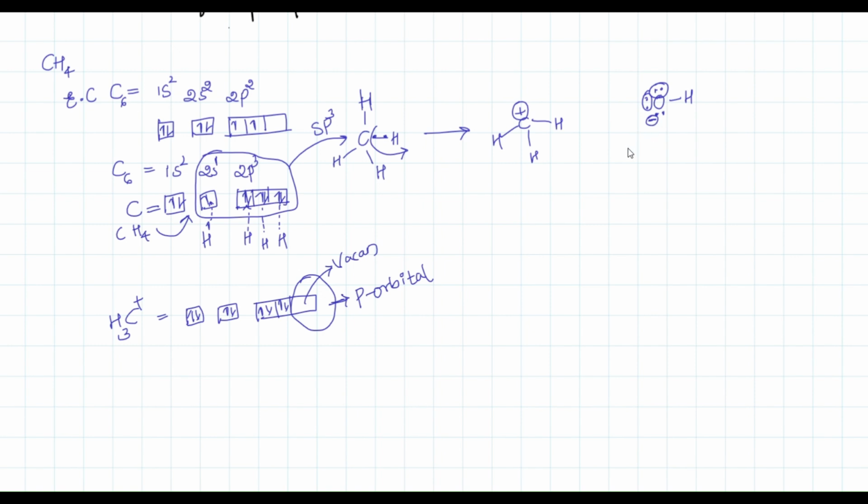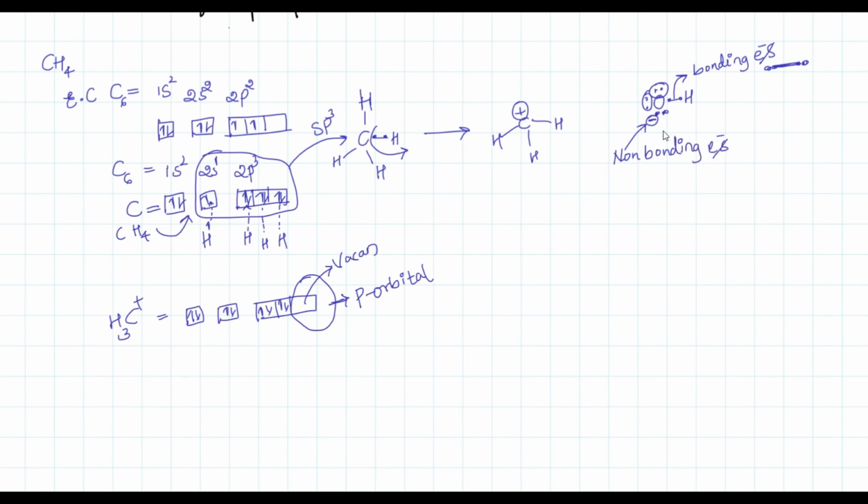These are non-bonding electrons. Bonding electrons are the electrons involved in the formation of a bond. This is a sigma bond, and these electrons are called bonding electrons, and these are called non-bonding electrons.